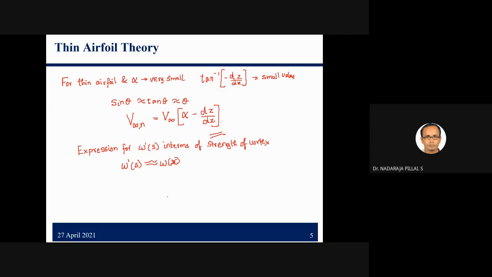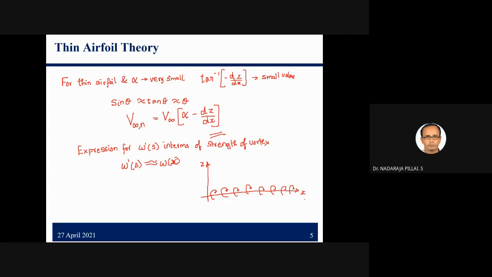Okay, I will draw that once again here. This is Z, and here you have X, right? And already I said the vortex sheet is in the chord line, and say we consider an elemental vortex, right?